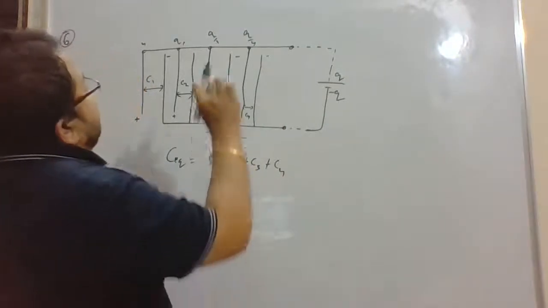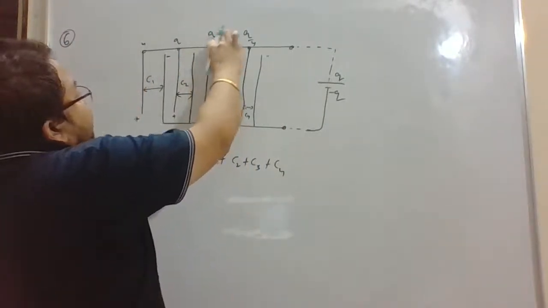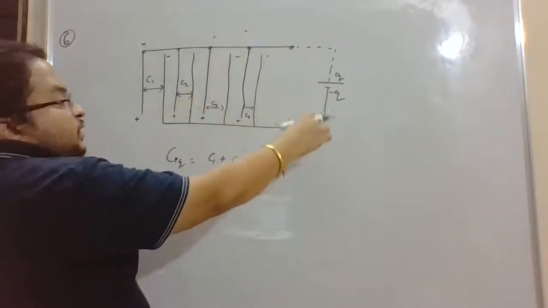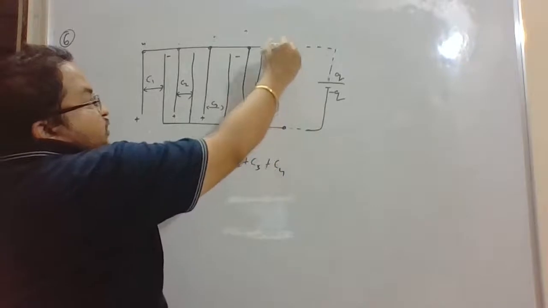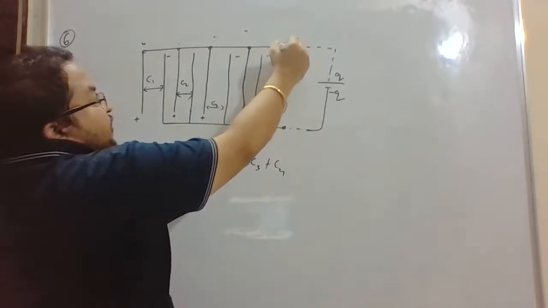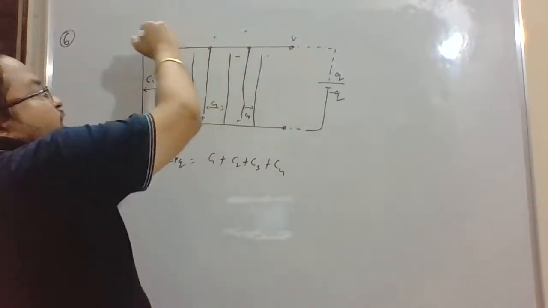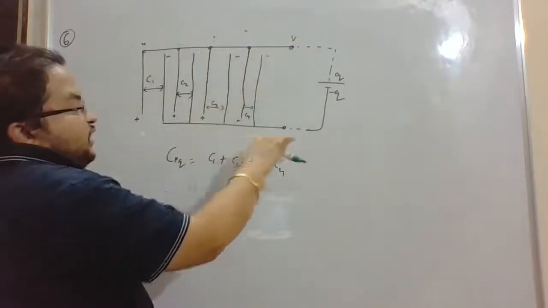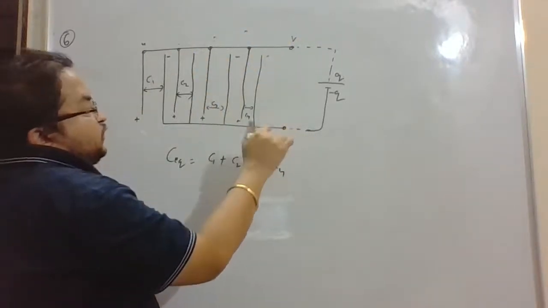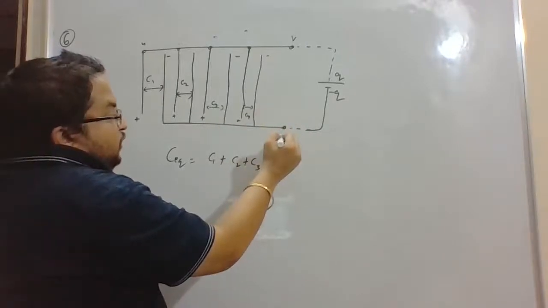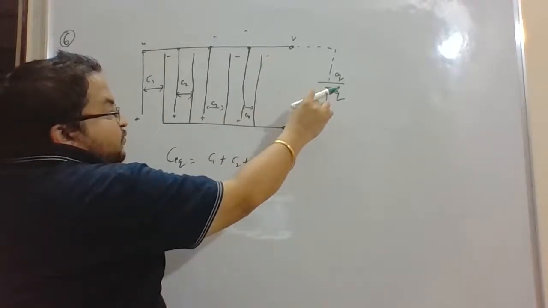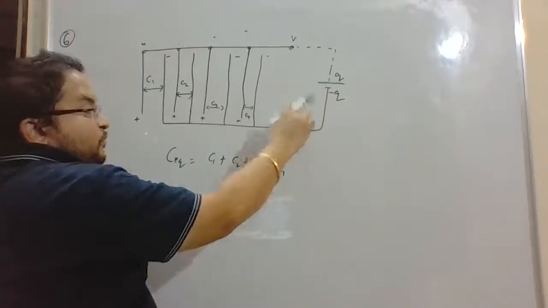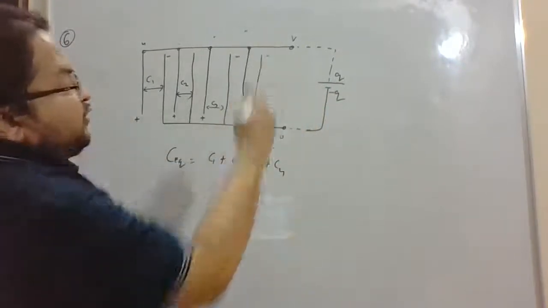Sorry, the charges may not be q by 4 in all the places, but as they are connected to the same terminal of the battery, if the potential here is V, all the positive terminals connected to this will have potential V. And here, suppose it is zero, because most of the time we say that the negative end is at zero potential, because potential is always a point function.